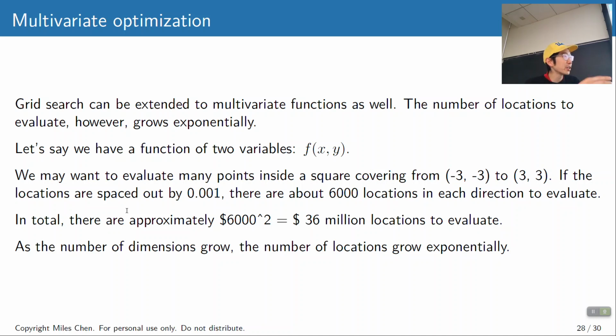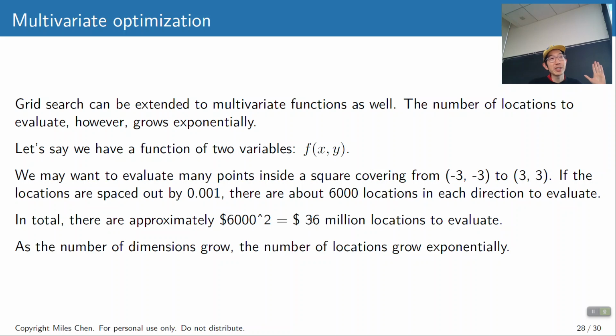Because now a grid search, I'm going to have to evaluate 6,000 locations in the horizontal direction in x1, and I got to evaluate 6,000 values in x2, and basically all of the coordinates between them. So if we're going to search from -3, -3 to +3, +3, now I have 36 million locations to evaluate if I'm doing a 2-dimensional grid search, right? So 1-dimensional grid search, no problem. 2-dimensional grid search, way harder, 36 million, okay?